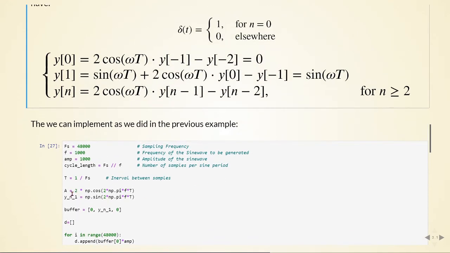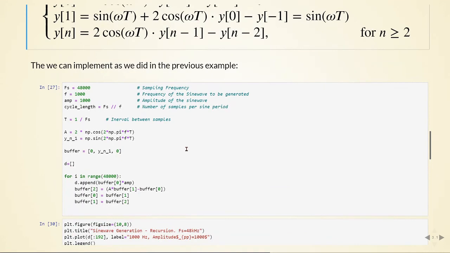I'm calling this coefficient A, which is 2 times the cosine of omega t, which appears here. And we also need y of 1, which is equal to the sine of omega t, so y of 1 is the sine of 2 pi f t.